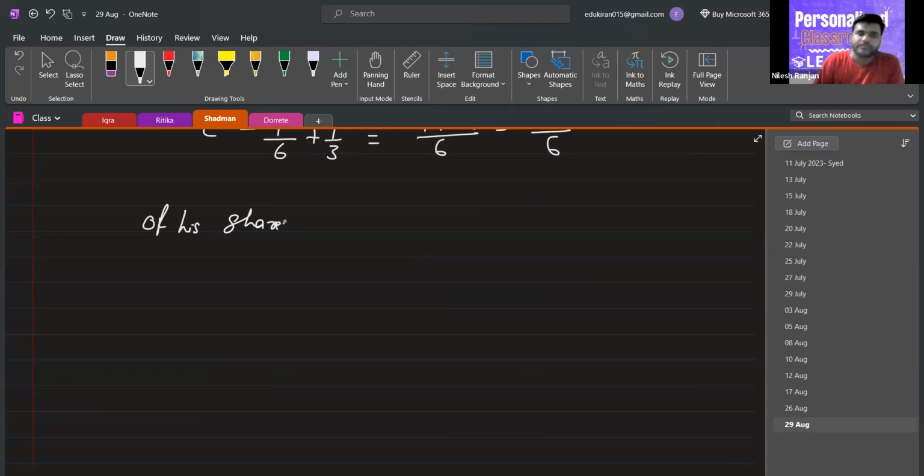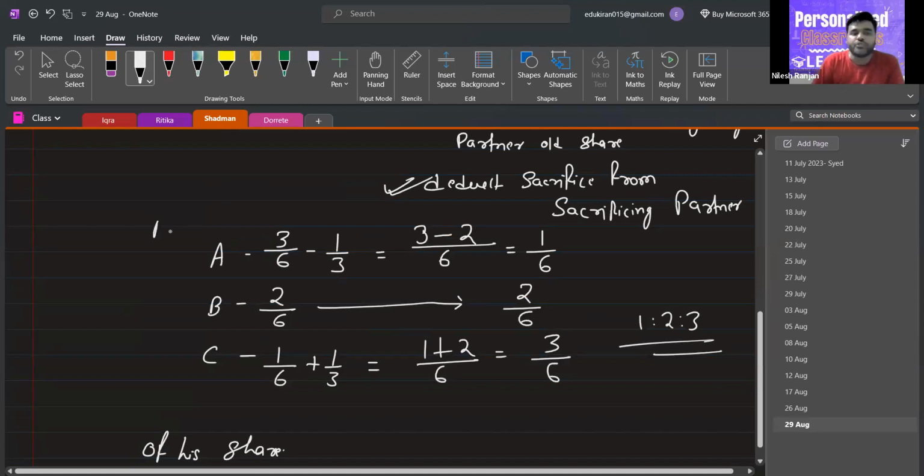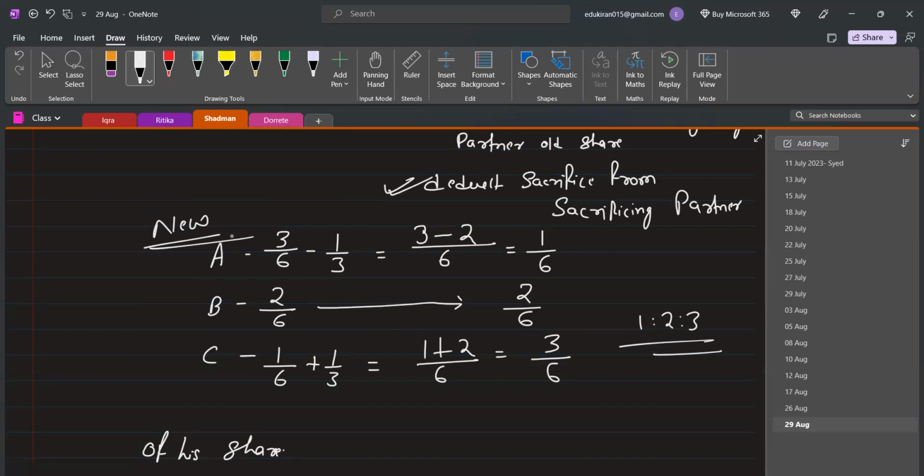Now the second part, where "of his share" is given. Here we are calculating only the new ratio. Can you tell me why we are calculating the new ratio and not the sacrifice?